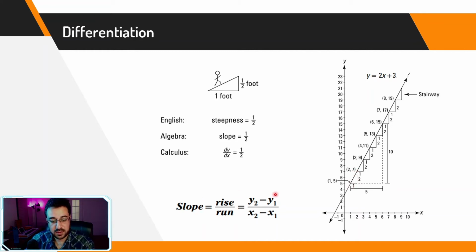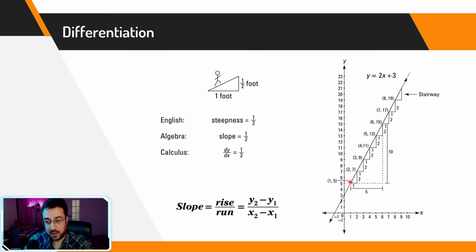Or you can use the slope formula we learned before, y2 minus y1 over x2 minus x1. You moved from the point (1, 5) to the point (2, 7), where we defined x1 and x2, and y1 and y2, as the initial and final points for that specific curve.